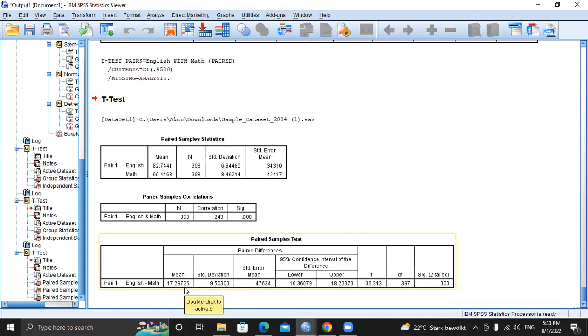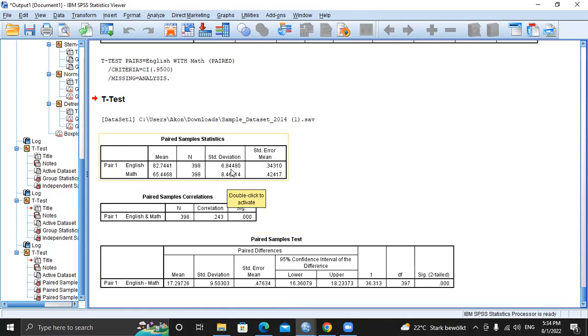We have English and math with a mean difference of this and a standard deviation of this, and that is statistically significant at 99%. We use English and math as our two group scenarios.